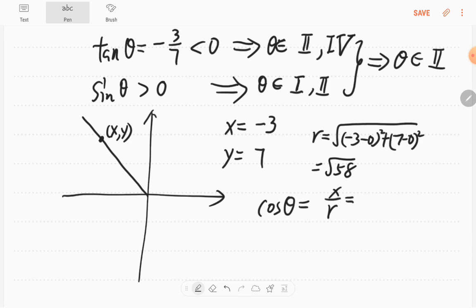So this one is equal to x, which is -3, over square root 58. So here is one important thing: why we take x to be negative and y to be positive. The reason is the terminal side is in the second quadrant. The x coordinate is always negative.